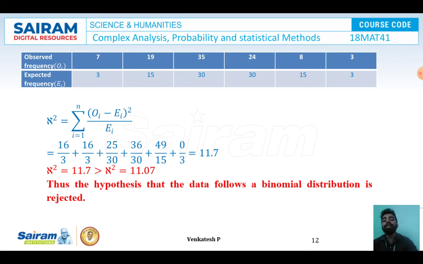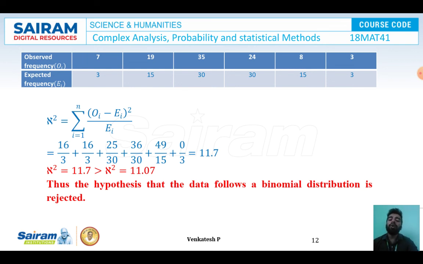Now our job is to calculate the value of chi-square and test the hypothesis. Chi-square is equal to summation i from 1 to n of (Oi minus Ei) whole square divided by Ei. By replacing all the values, we get 16 by 3 plus 16 by 3 plus 25 by 30 plus 36 by 30 plus 49 by 15 plus 0 by 3, which is equal to 11.7.